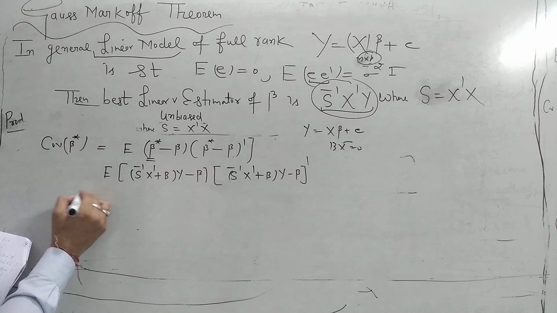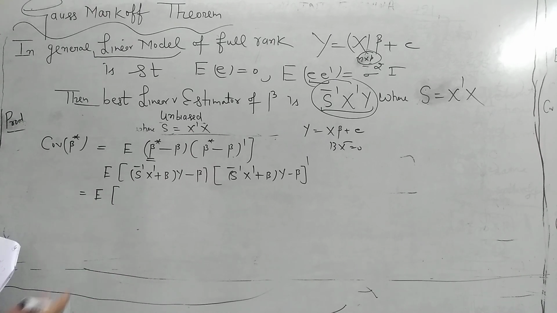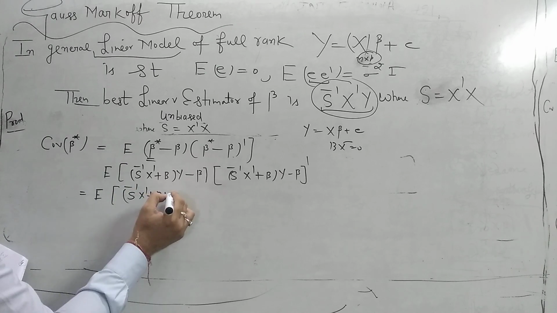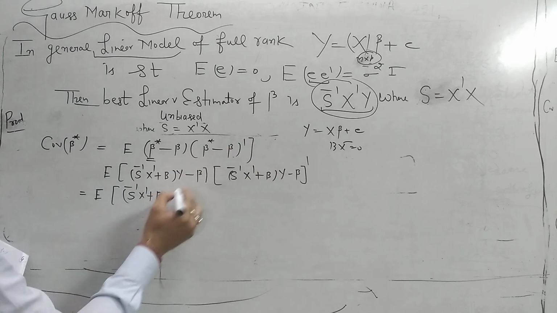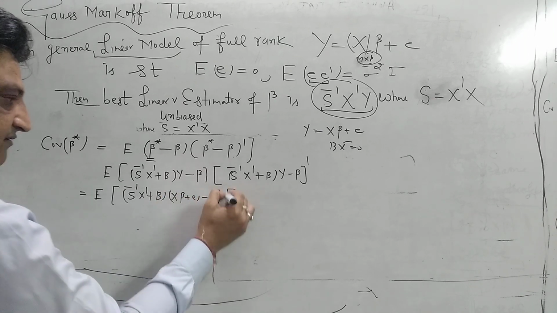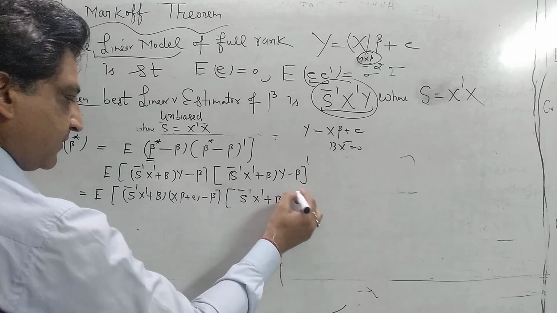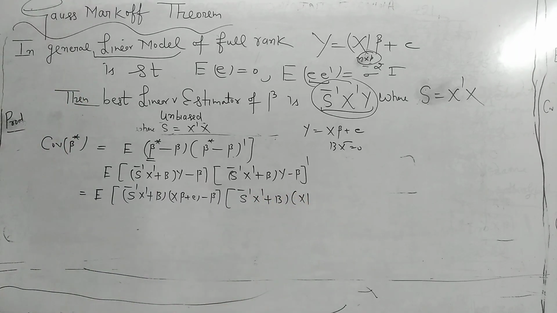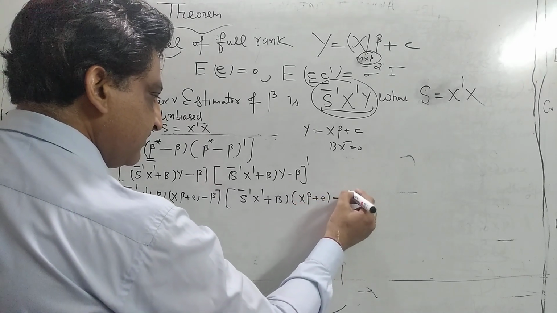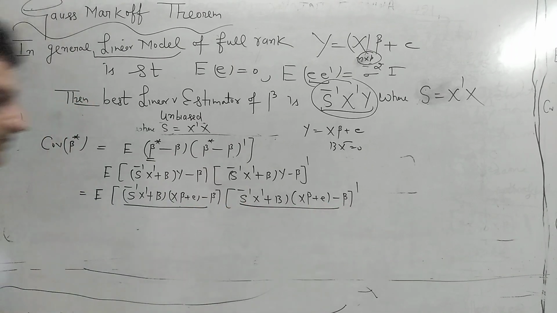So I will substitute the value: Y is X beta plus epsilon, minus beta dash. I will calculate this, then write the answer here.